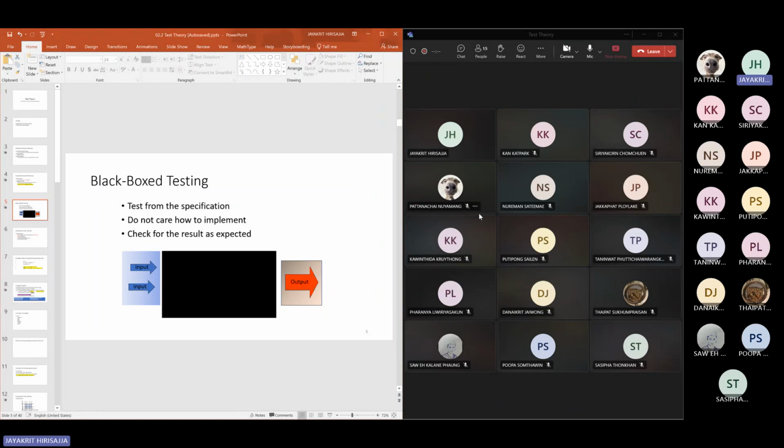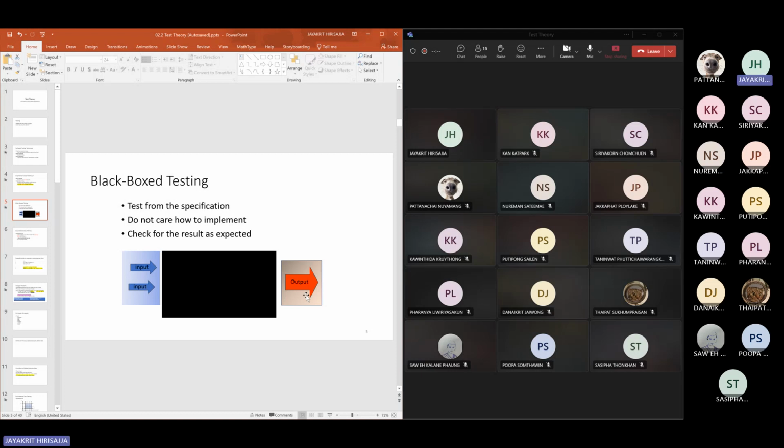Yes, this is black box testing. We need to provide input to the system and we get the output that we expected. But what should be the way of selecting our input? What should be the theoretical part that supports it?